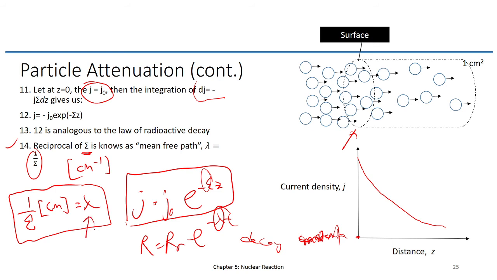Lambda, which is the reciprocal of sigma, is called the mean free path. So this is not the decay constant, but it is called the mean free path.